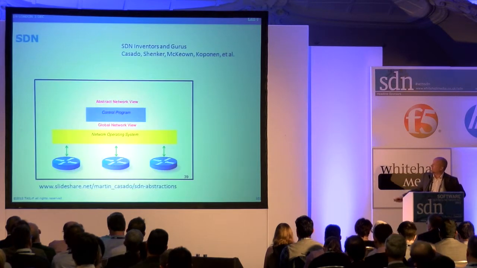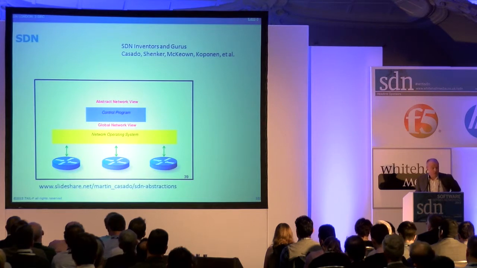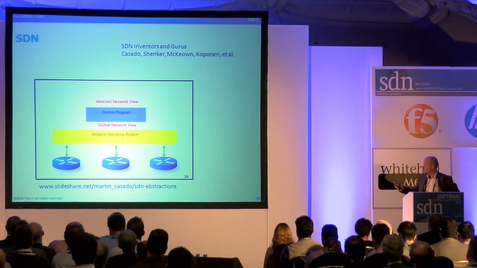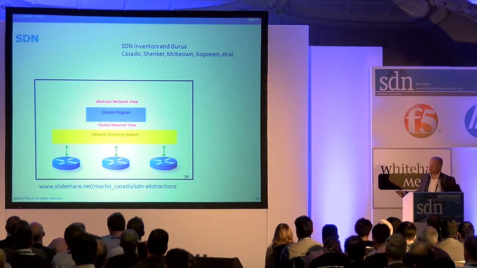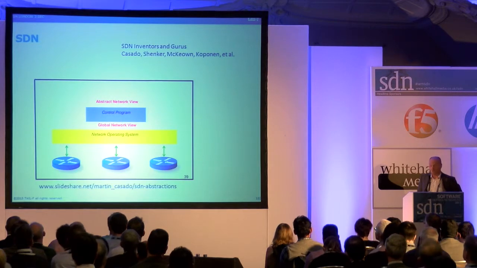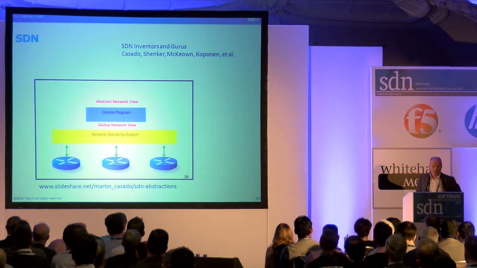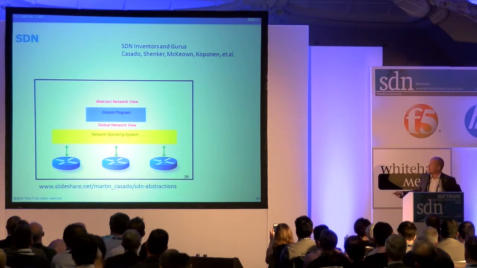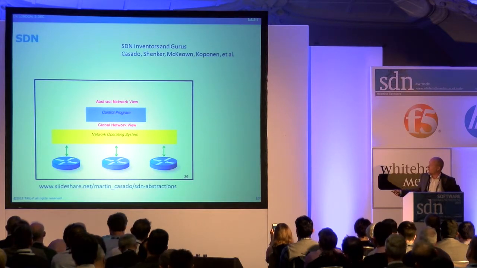So that is background. Are there architectures that adhere to this? Yes. I won't go into detail here. I would do a little bit of a commercial. If you haven't listened to Scott Shenker's videos, do so. Scott Shenker, talking about training, the best training material about what is SDN. Listen to Scott Shenker on YouTube. He actually separates the network into, again, an abstract network view and a global network view.